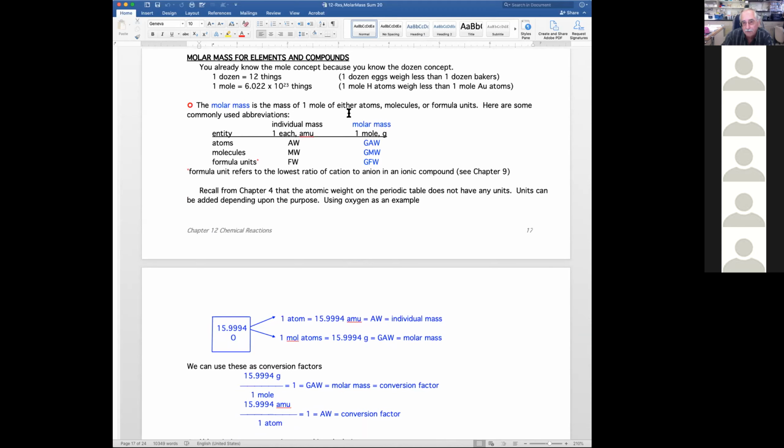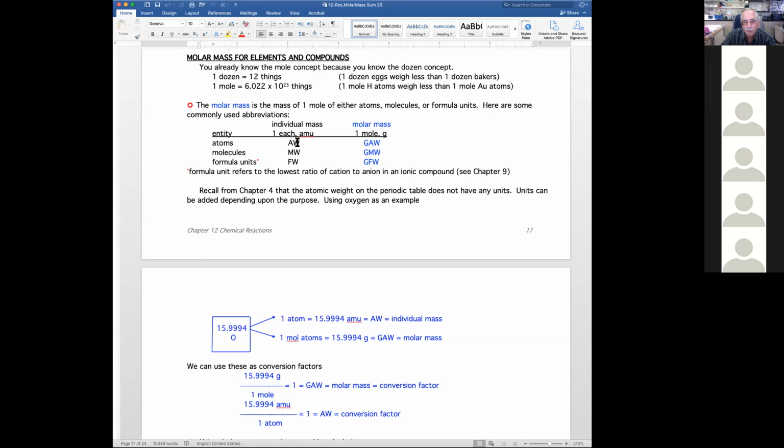And that something could be atoms, molecules, or formula units. And so these are the molar masses: the gram atomic weight, the gram molecular weight, the gram formula weight. But if we don't have the gram in front of it, we're not talking about a mole, we're talking about a single unit. So atomic weight means the mass of a single atom.